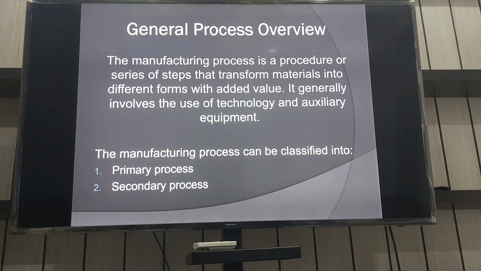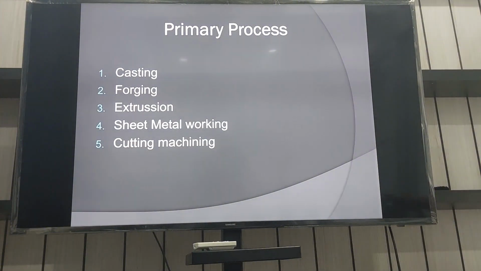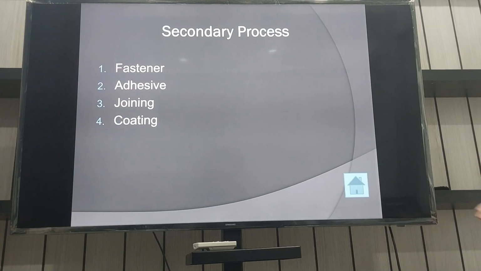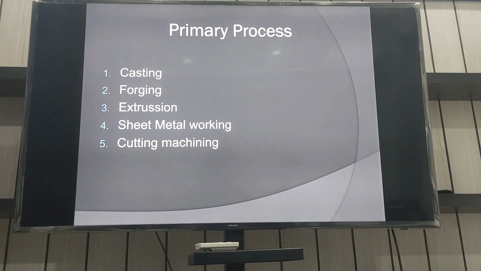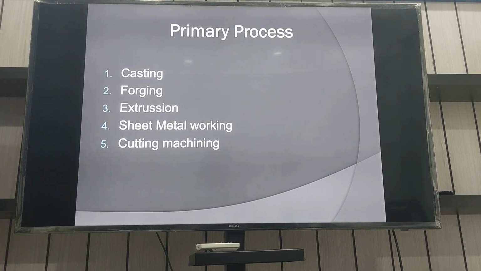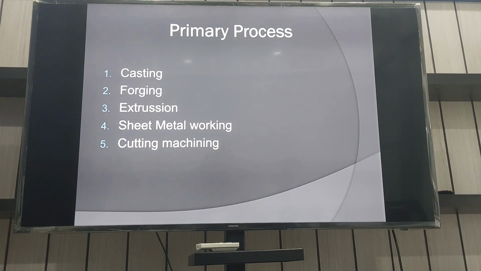What is the difference between primary process and secondary process? Primary process: casting, forging, extrusion, sheet metal working process, cutting, machining. Secondary process: fastener, adhesive, joining, coating. What is the difference? Maybe the primary process is based on user needs, and the secondary process acts as a feature maybe.